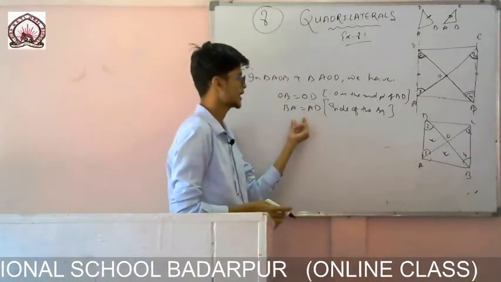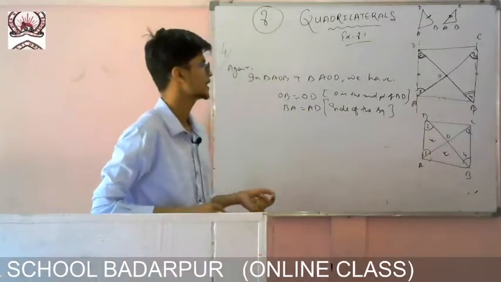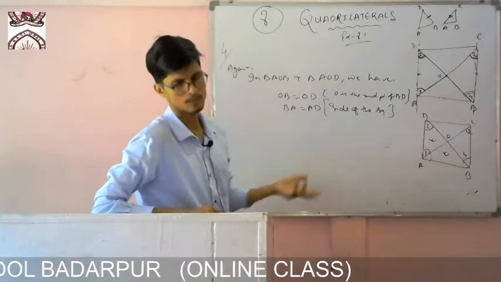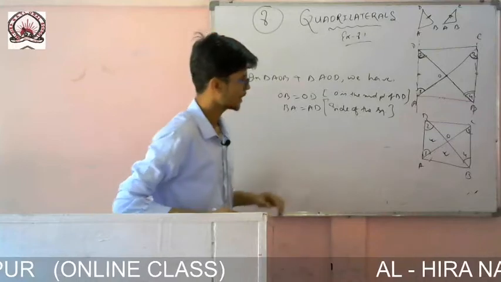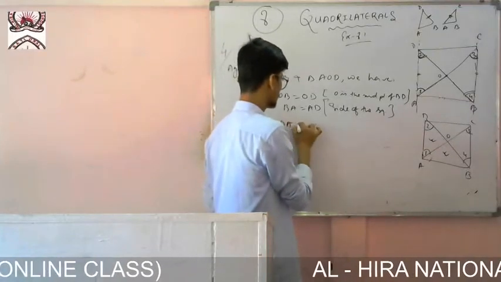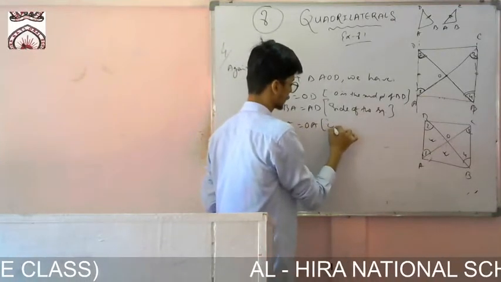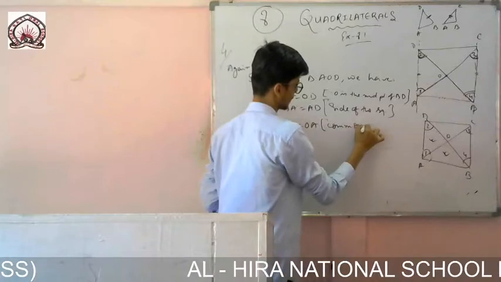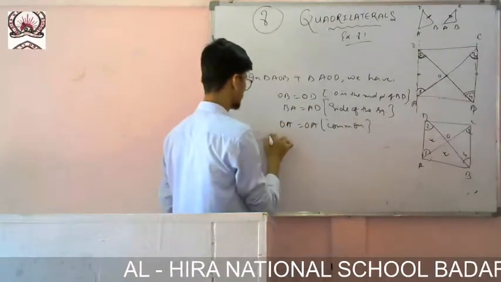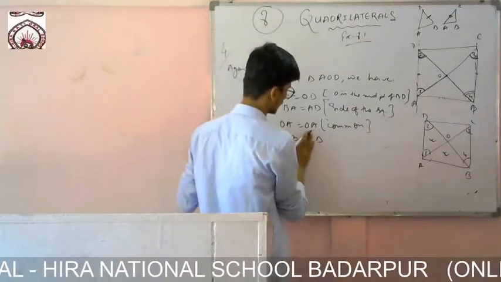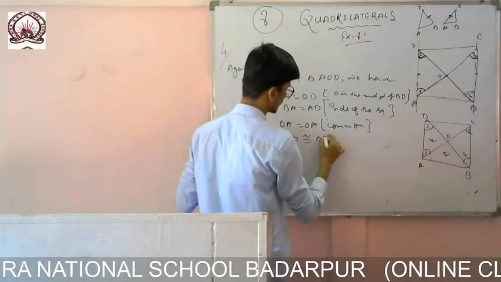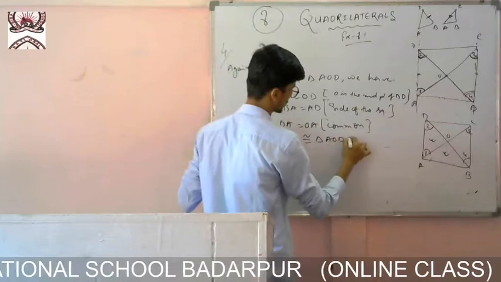And BA will be equal to AD because it is given in the question that it is a square, which means all the sides are equal. And OA is the common side, OA is equal to OA.